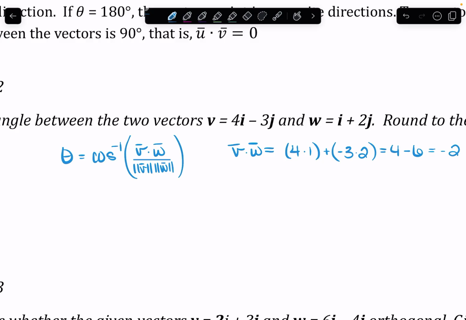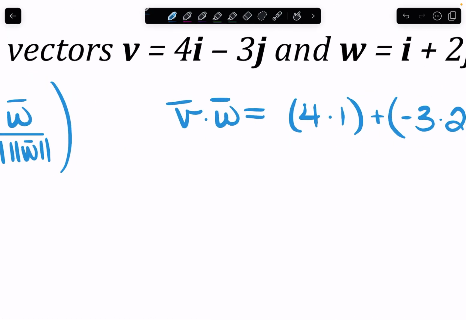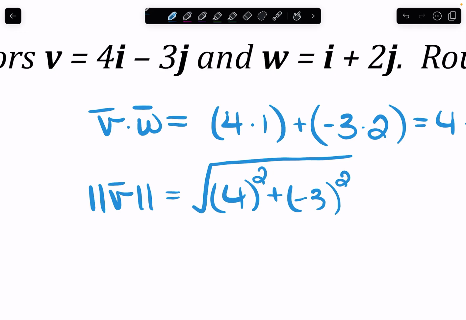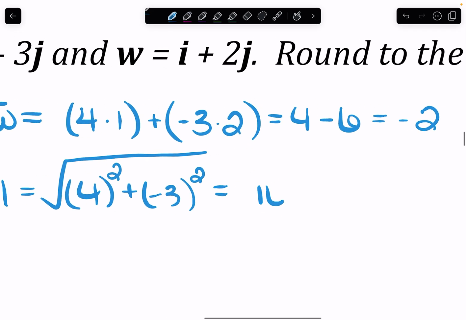So the magnitude of, we'll go v first. Sum of the squares of each i and j component, square rooted, so 4 squared plus negative 3 squared, square rooted. That gives us 16 plus 9 under the square root, which is the square root of 25, which is 5.